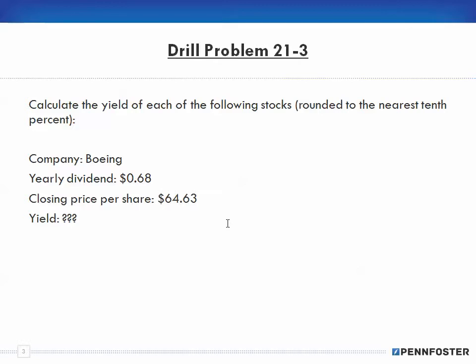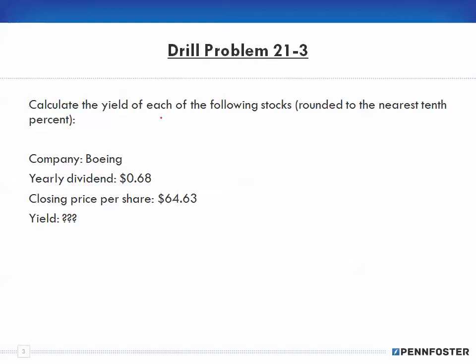All right, so 21-3. Calculate the yield of each of the following stocks. Round it to the nearest tenth. So the yield is the dividend over the price. Let me go back and get the exact formula for you. And again, I do this intuitively. I'm not into memorization, so I understand the concepts of what I'm looking at.